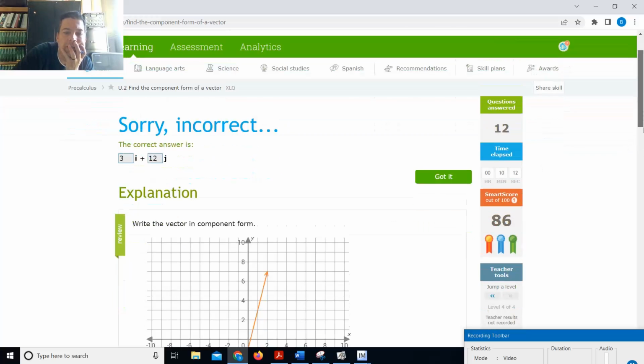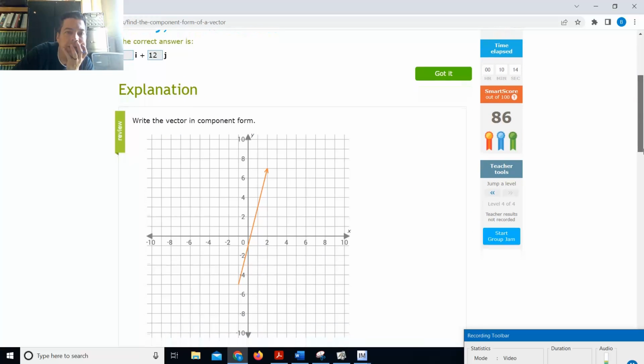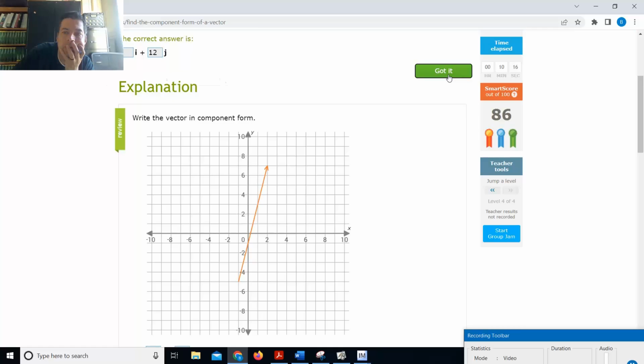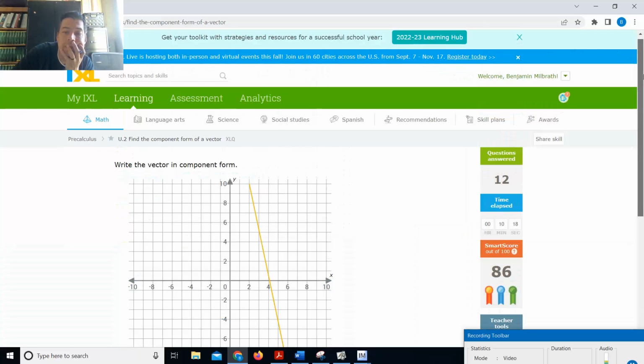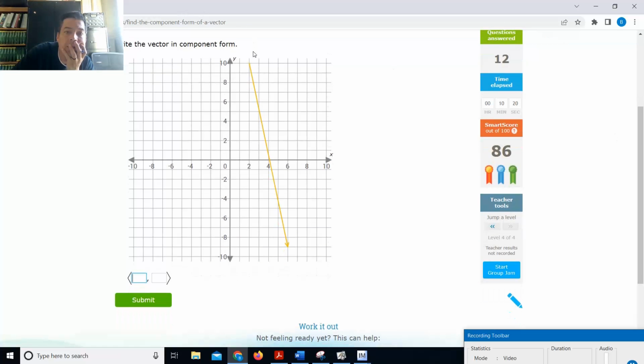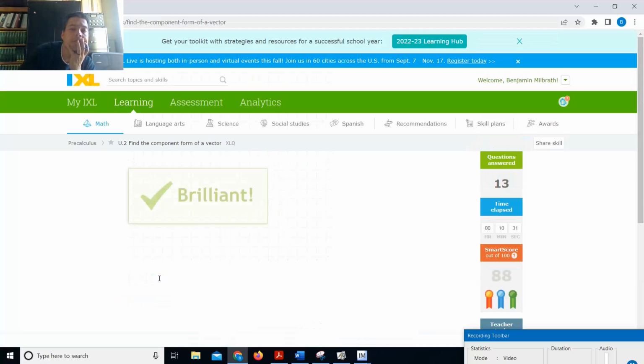Apparently I can't count, can I? Yeah, we ran 3. Oops. Can't count. So let's do these again. I run from 2 to 6, that's 4. And I fall from 10 to negative 9, so I lose 19 units.